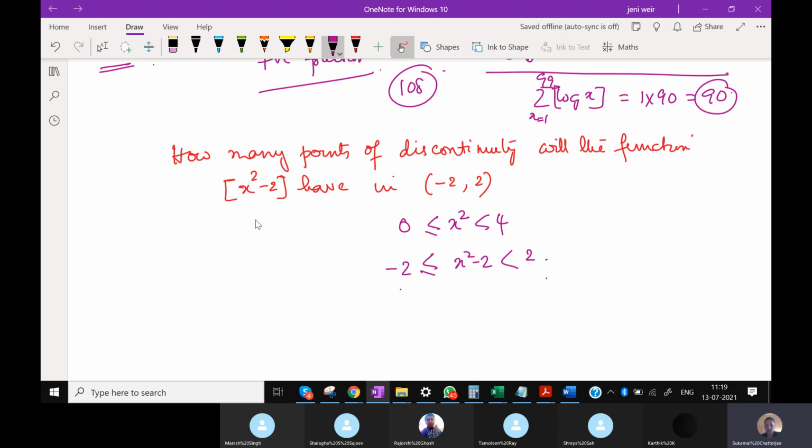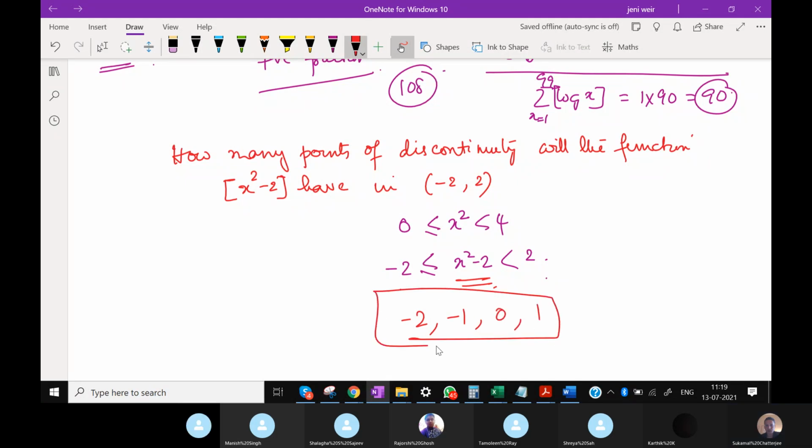So that means x square minus 2 will get integer values of minus 2, minus 1, 0, and plus 1, right?